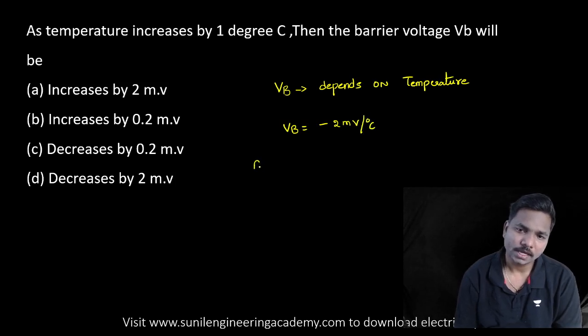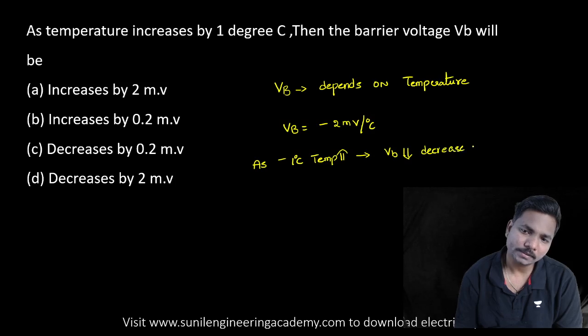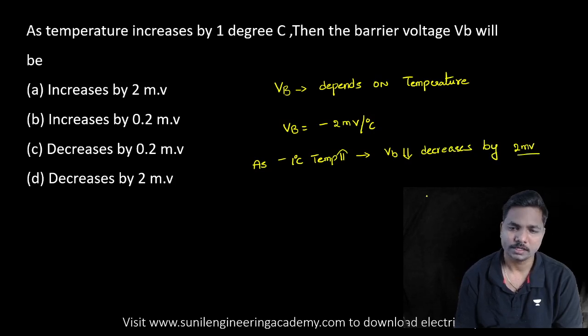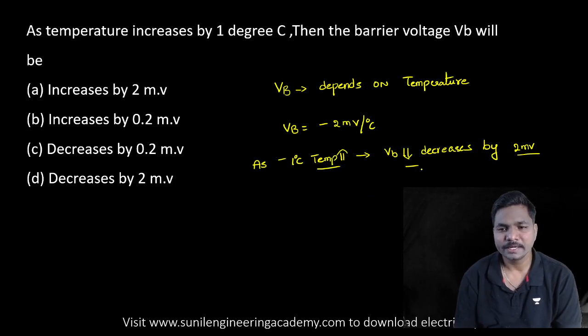That means as temperature increases by 1 degree centigrade, VB decreases by 2 millivolt. So as temperature increases, VB decreases.